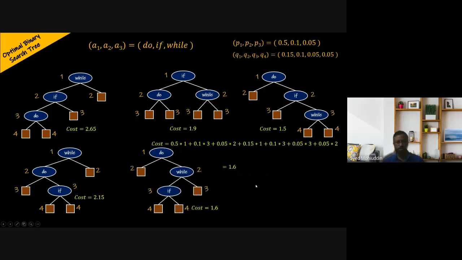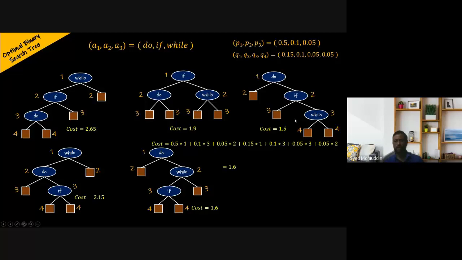So among these, we have the same number of elements and the same trees, but earlier we had the same probabilities, so the second tree in the middle was the optimal one. But when we have different probabilities for each element, then it's the third tree, that is do, and if is the right child of do, and while is the right child of if.